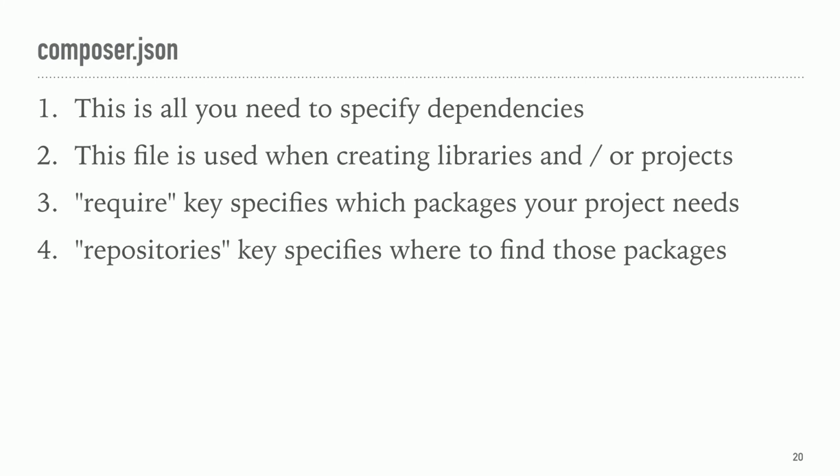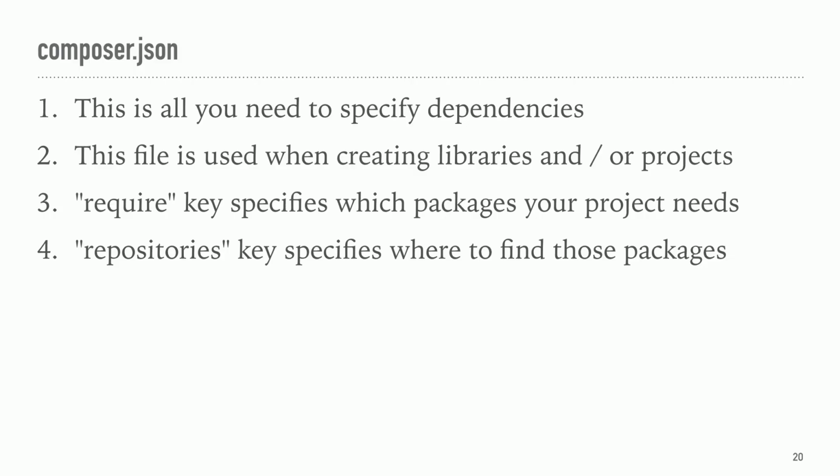Even when you are creating a library or a package, you are going to have some dependencies, so you are going to use that file even while creating the library. And there are two key keys for the composer.json file, which are require and repositories.